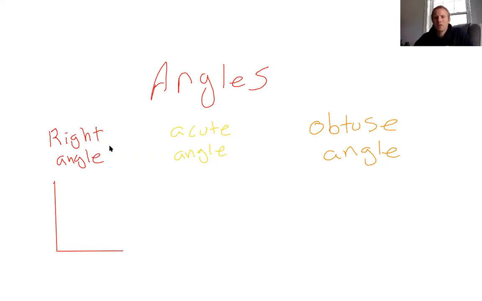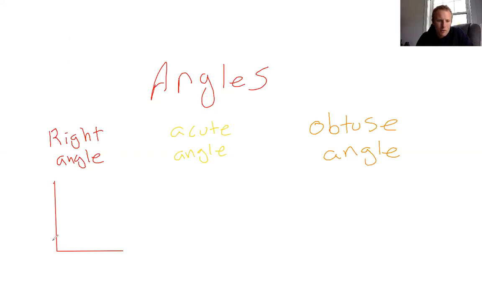An index card is actually a really nice thing to use, because if you're ever questioning whether or not something is a right angle, you can grab something like an index card, or I even have a book here. I could use the edge of my book that has that 90-degree square corner. I could put that up and check an angle to see if it was indeed a square corner, or a right angle.